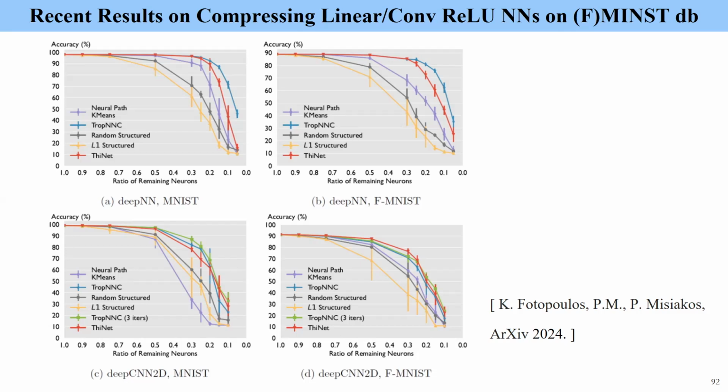Okay, and now we have actually applied this for deep neural nets, deep CNNs, for the MNIST database and the Fashion-MNIST database, and this tropical algorithm, the tropical neural net compression, which is our more recent algorithm, essentially outperforms both the baselines and the state-of-the-art.